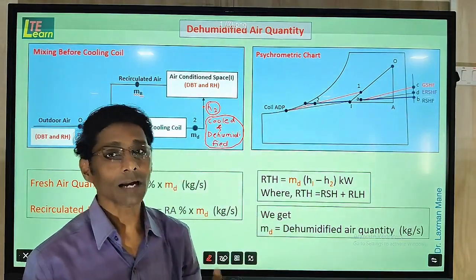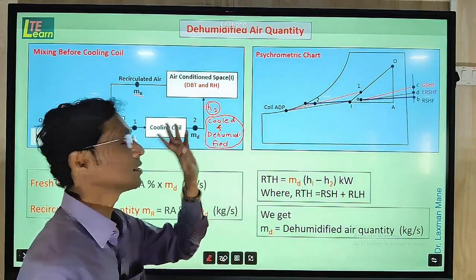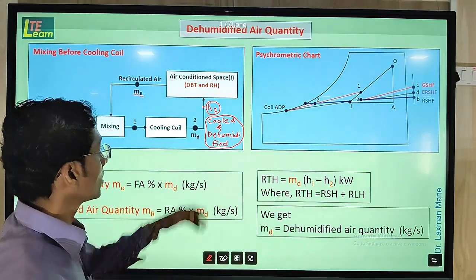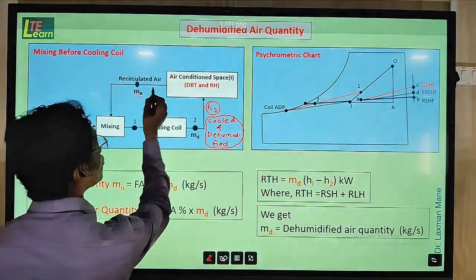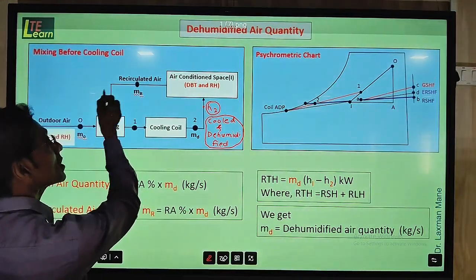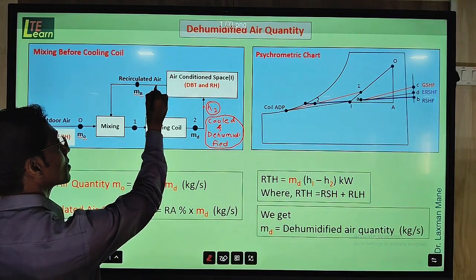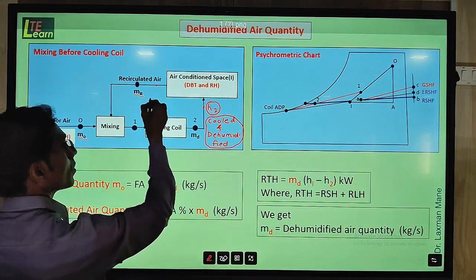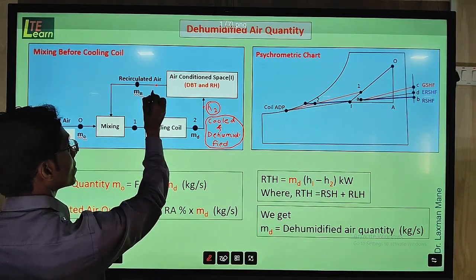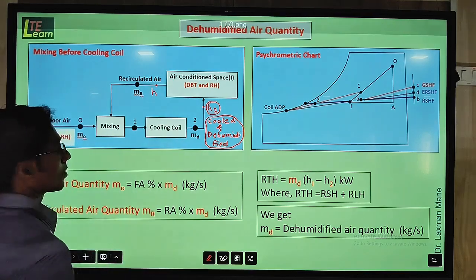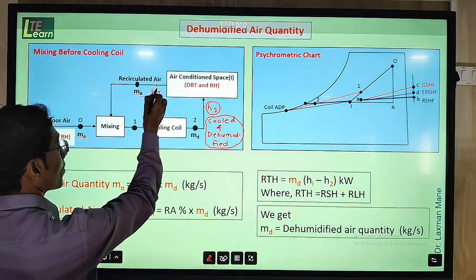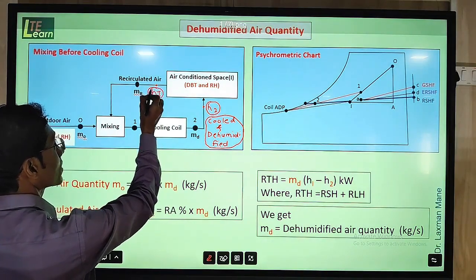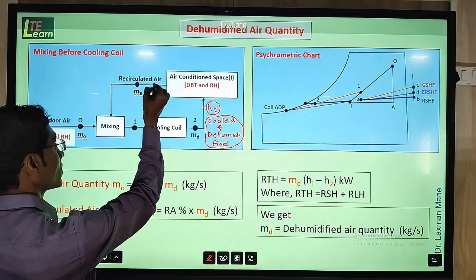and RLH, that load is added to this air, and thus this air comes out as return air or recirculated air. Here we find this enthalpy, that is HI, because it is coming from the hall.